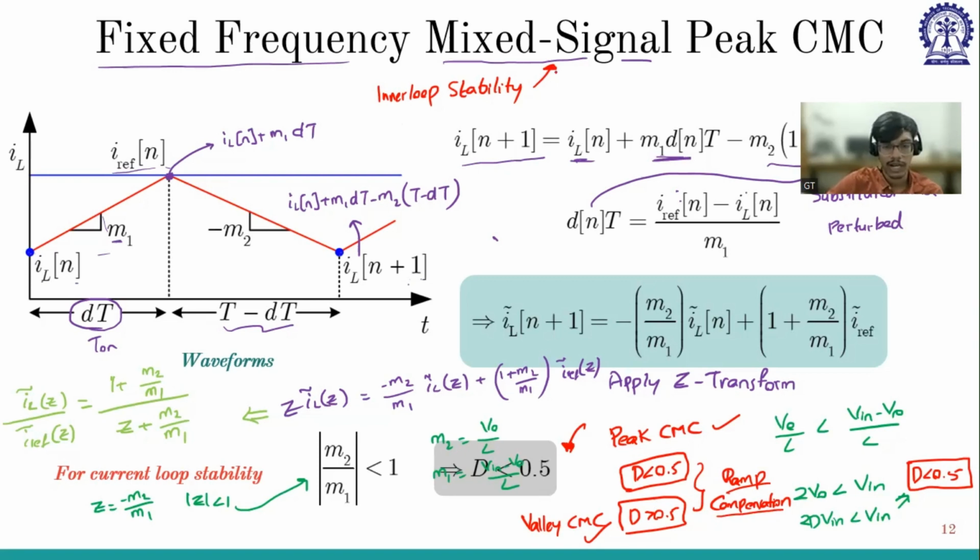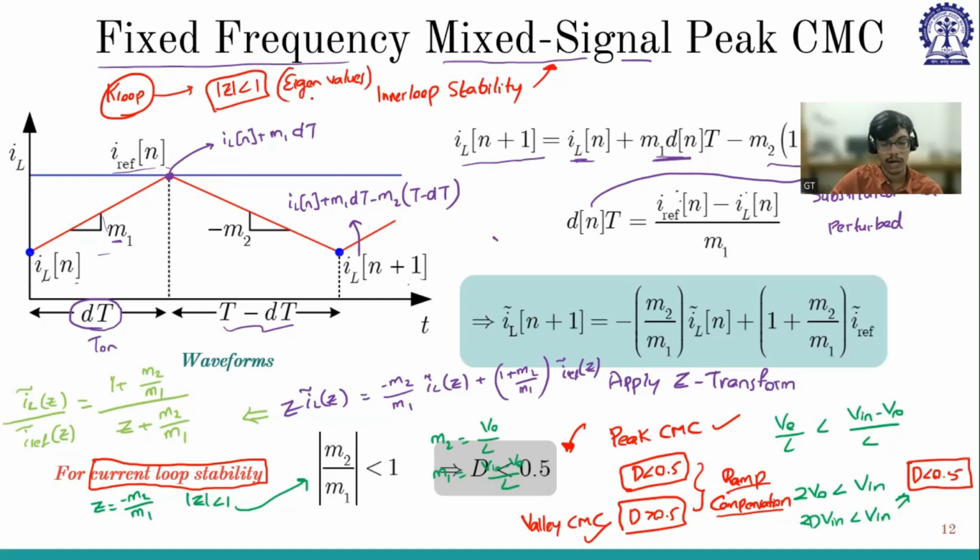Whatever we are considering is the inner current loop stability, not the overall system stability. For overall system stability, we need to consider the loop transfer function and ensure all the poles, or all the eigenvalues, are less than 1. Accordingly, we will get the gain values, the controller values.